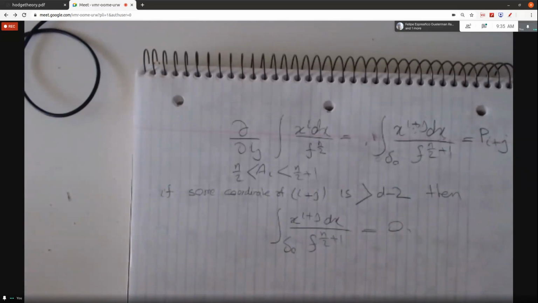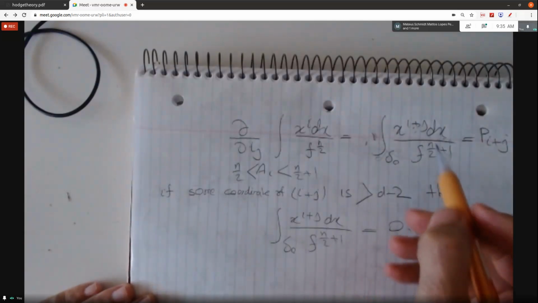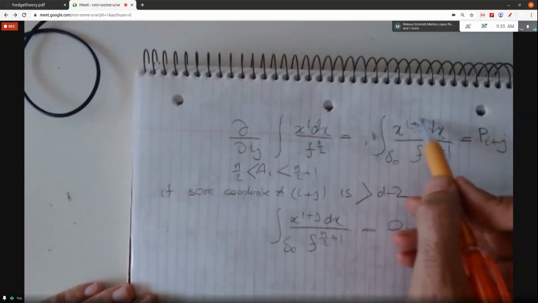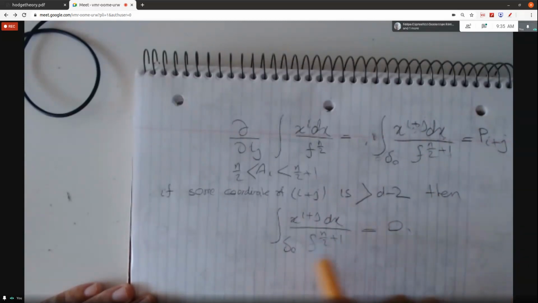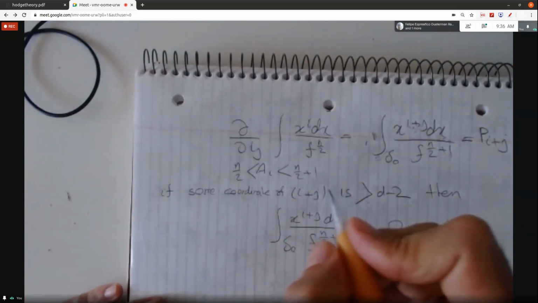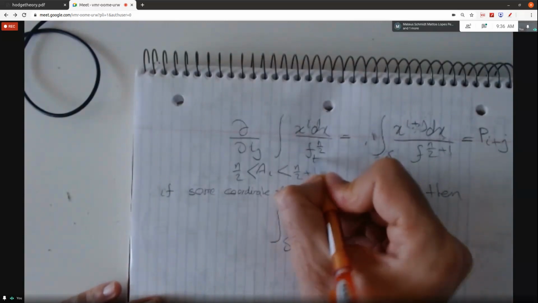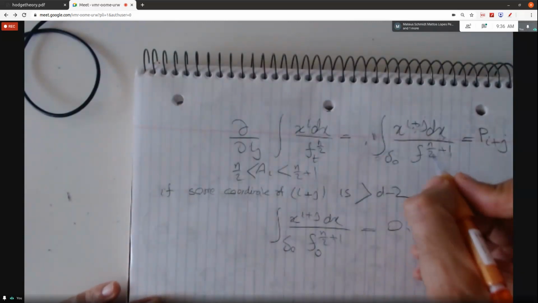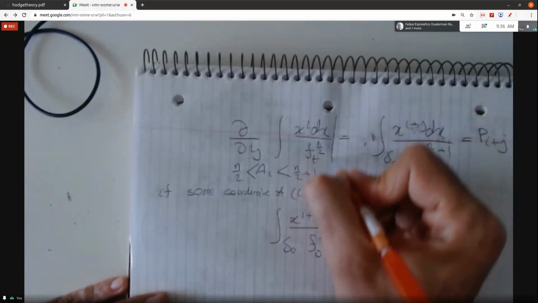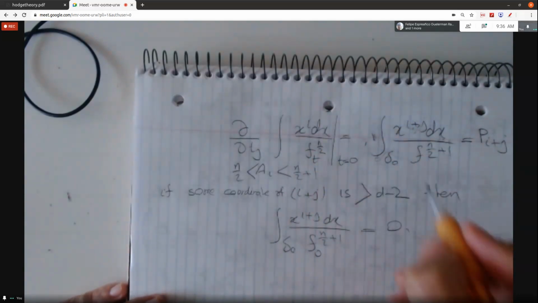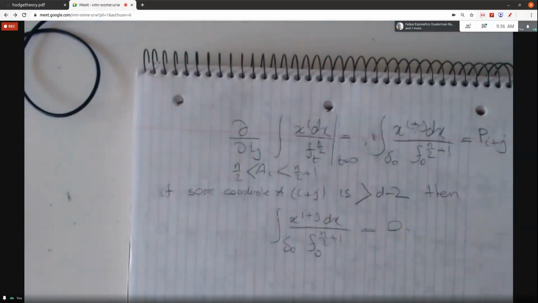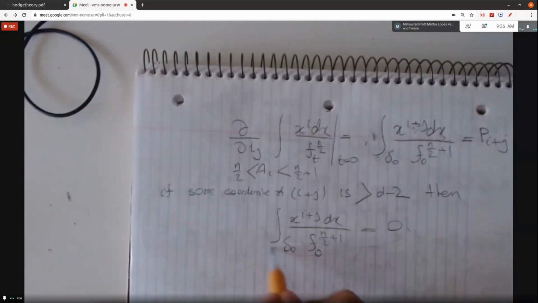So the point is that when one of the coordinates in I plus g is bigger than d minus 2, this is 0, and again now I am at the Fermat. Just let me put tj, this is ft, and this became now I, and then t equal to 0, and then here we have f0, which is the Fermat. So remember that in one of our classes we started computing these integrals for Fermat, and this is a really easy computation.